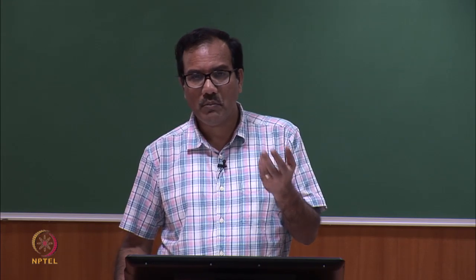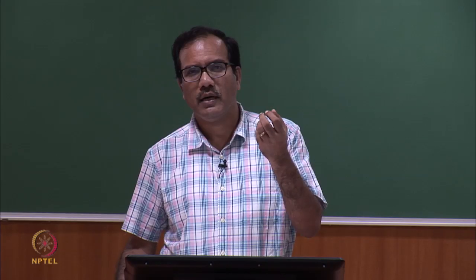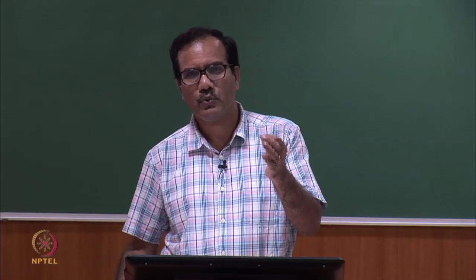Now, you sum all the intensity ratios, and suppose this comes to be 6 and there are 12 protons, it means that each intensity ratio unit corresponds to 2 protons.